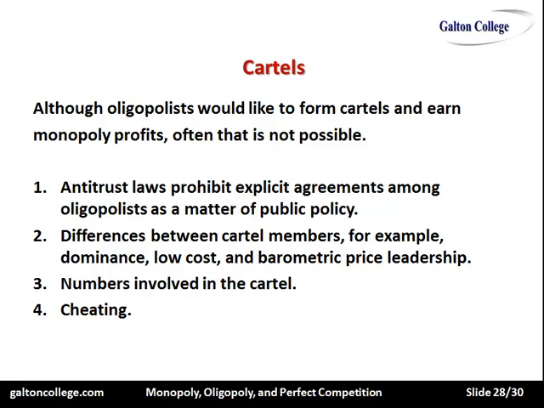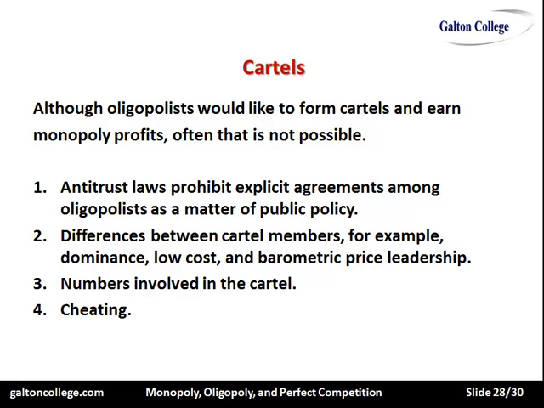It's also cheating. Sometimes companies agree to reduce the amount they're putting on the market, thereby forcing the price up. They're holding back products, thereby causing the price in the market to rise, so they're able to sell at a higher price eventually. Now if all the members of the cartel agree to it, and one member sees the price rising, then that company may step up production.